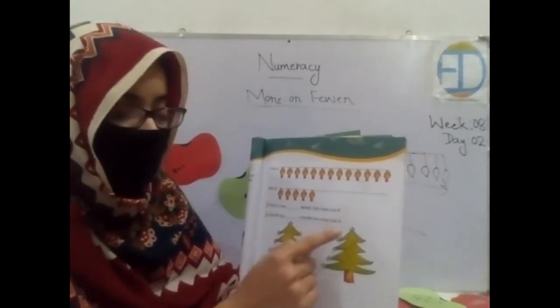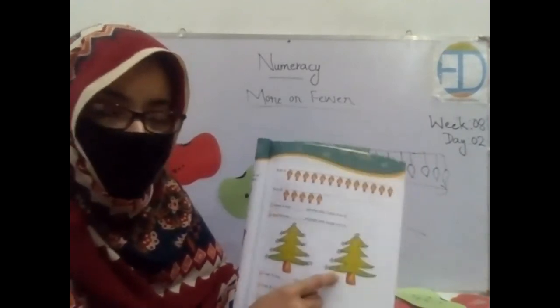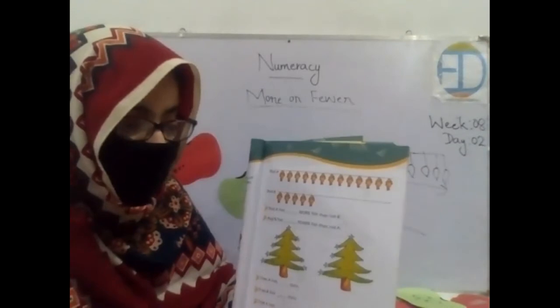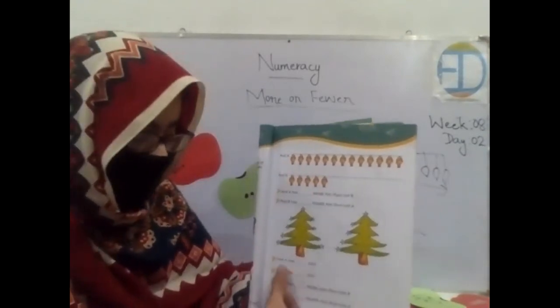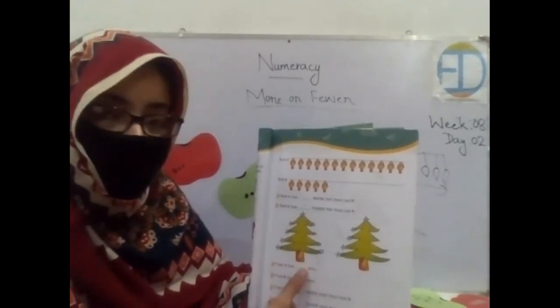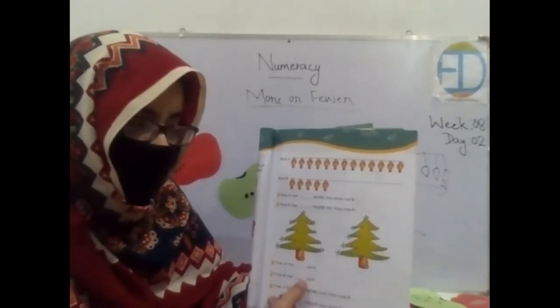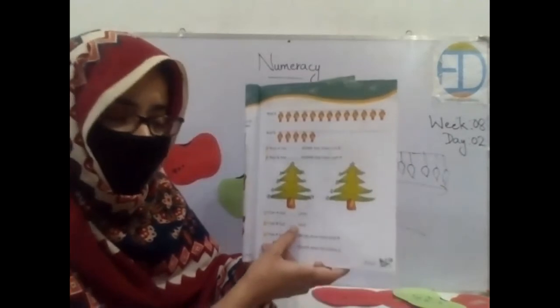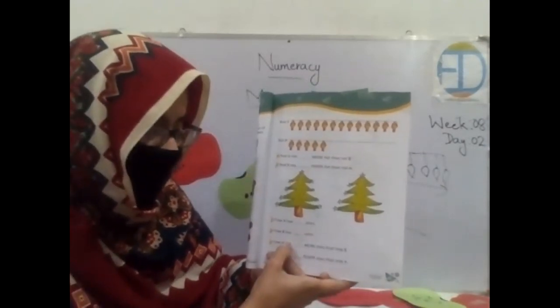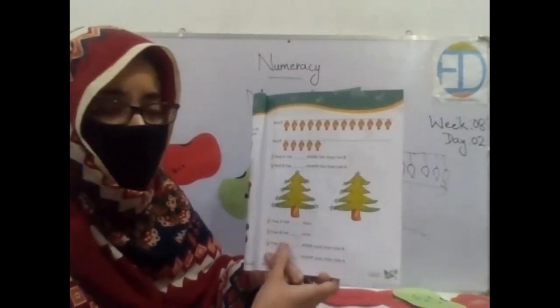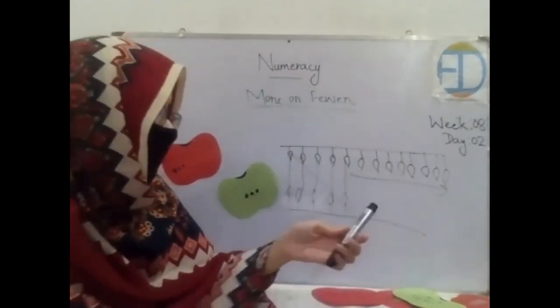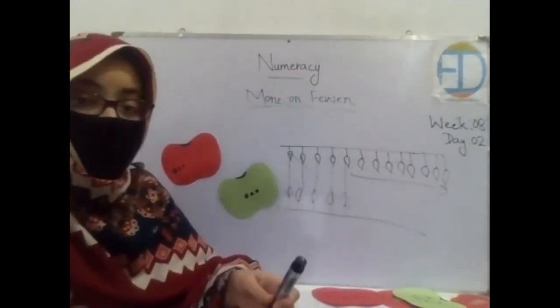9. Excellent. And how many stars are there on the second tree? Only 5. Excellent. So tree A has how many stars? 9. Great. Tree B has how many stars? 5. Excellent. Tree A has how many more stars than B? So what will you be doing? Excellent.